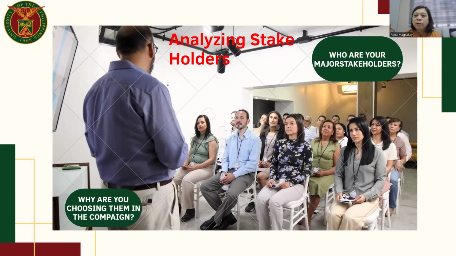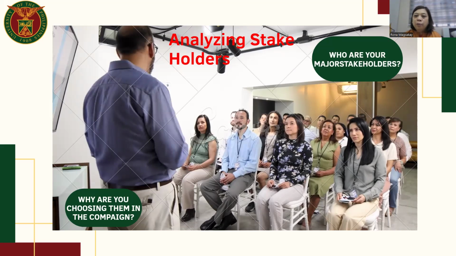You should also take into consideration the communication habits of your stakeholders, including their location, if they're living in the city or in an urban area, if their location is very much accessible, or if it will take one to two hours for you to be able to go there. You also consider the felt needs and problems of your stakeholders.